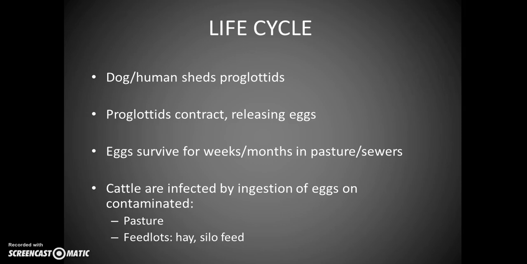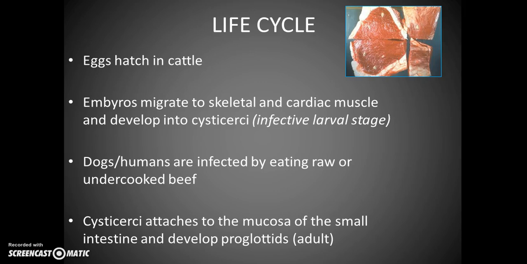For this to happen, that means that farm workers and dogs are defecating in fields or in feedlots. A good farmer will not allow that to happen. You need to set up the right types of facilities to allow those animals and those people to use a restroom so that this is not passed on to cattle and then ultimately on to dogs or humans again.